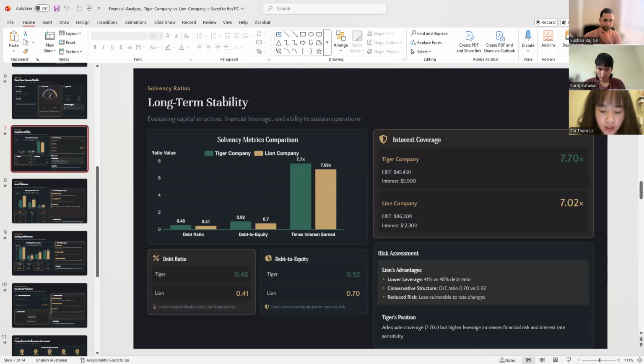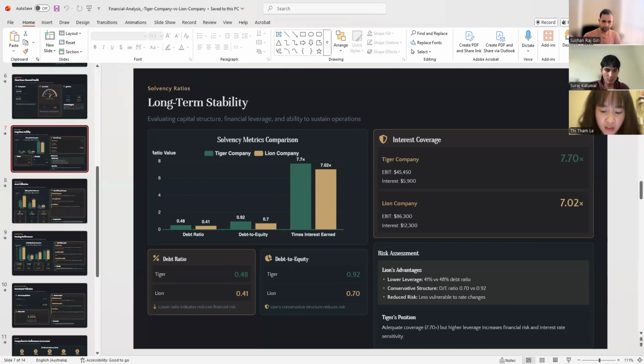Moving to liquidity analysis, we assess each company's ability to meet short-term obligations. Tiger has slightly higher working capital, exceeding Lion by approximately 3,600. The current ratios for both companies exceed 2, indicating strong liquidity positions. The quick ratios are also similar, suggesting both firms can cover current liabilities without relying heavily on inventory.